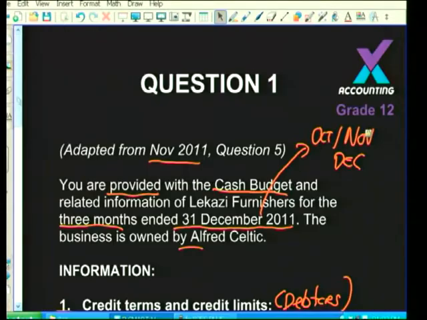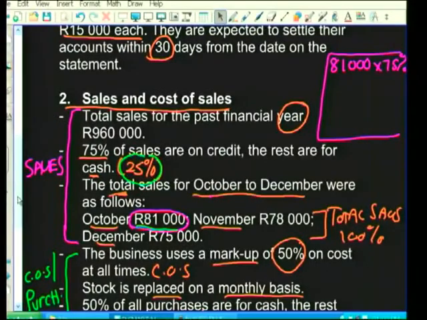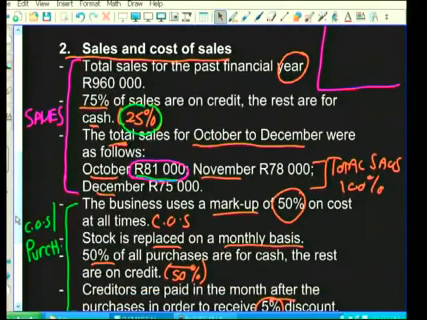Okay, the next page. Right, there we go. And remember, guys, it's obviously for that month of October. Now, if you look at the information that is given to me, I am given a markup of 50% on cost, and I am given sales.